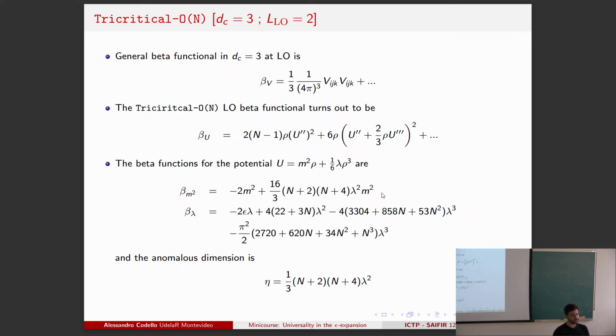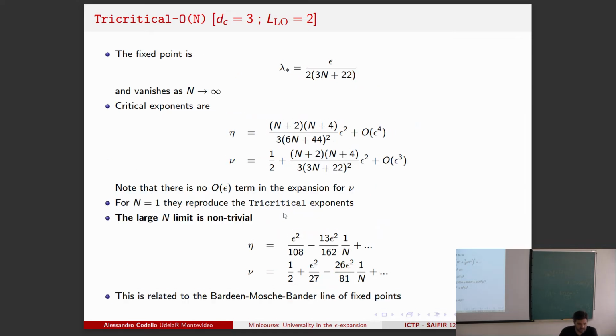Ising has the peculiarity that you get a non-trivial contribution to the beta function of the mass already at the leading order, which in that case is also 1 loop. Here the leading order is 2 loops, but you don't get a contribution, because at leading order we found only a contribution to the coupling. So you have to go to the next to leading order. So this means that the critical exponents are all like the anomalous dimension.